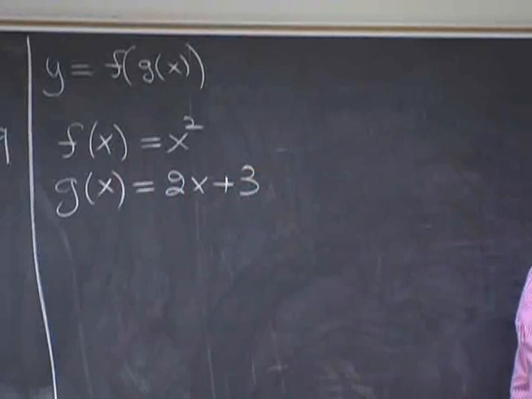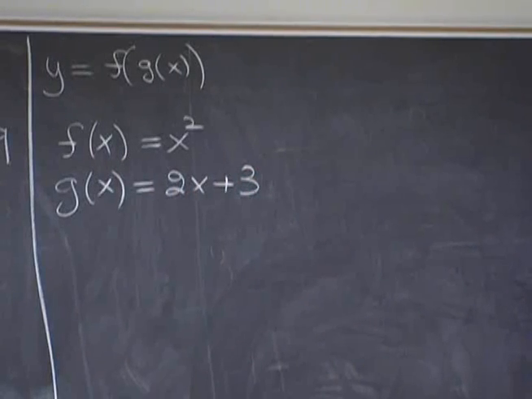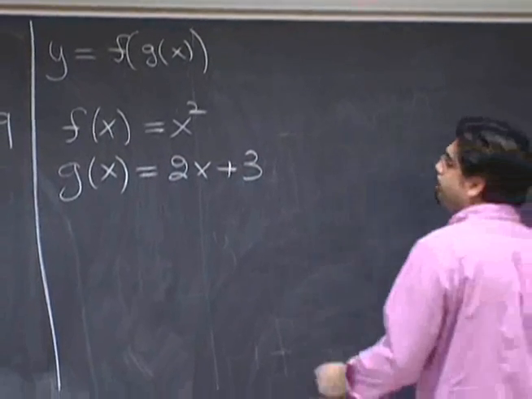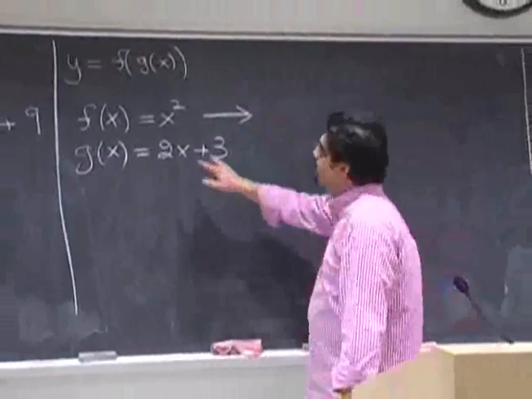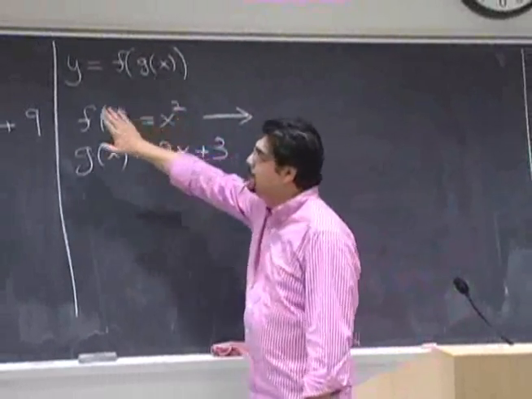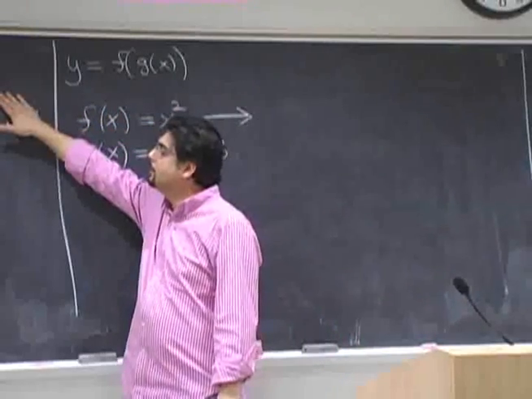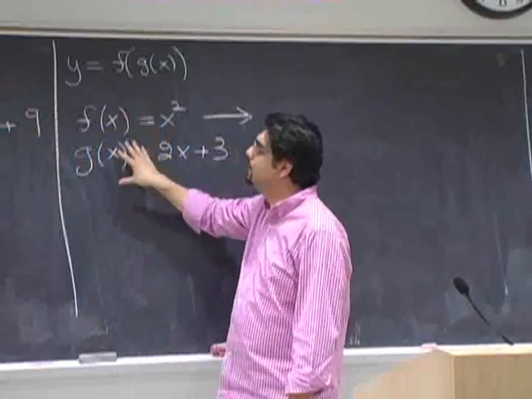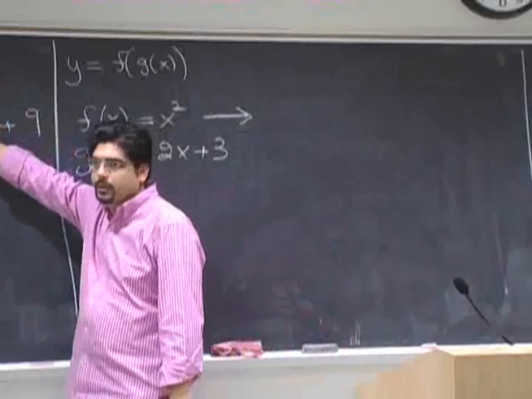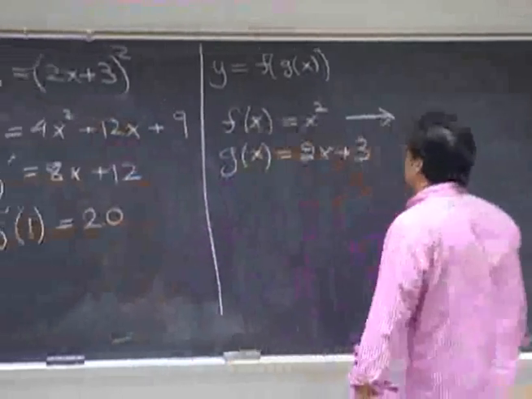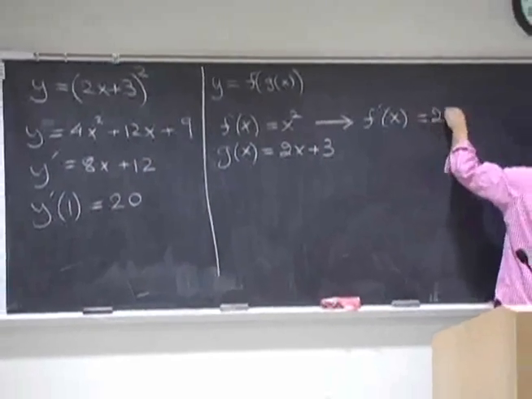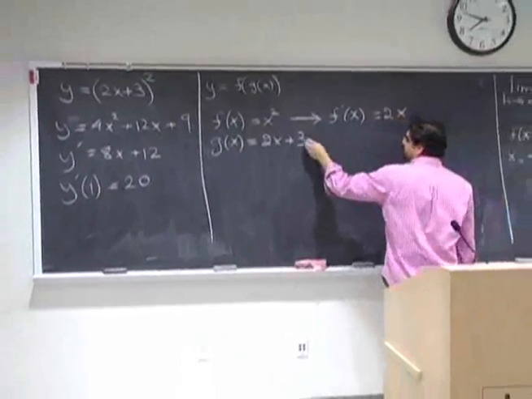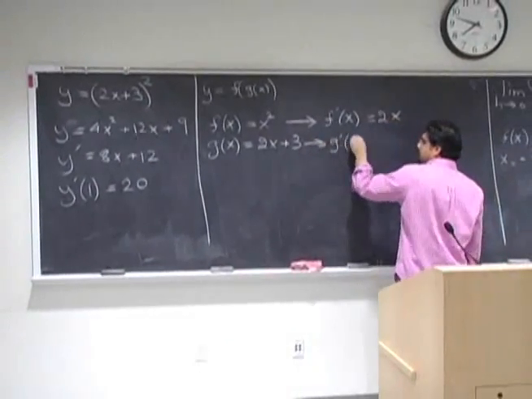Right? Does that make sense? Okay. To relate these individual functions that make the composite function, we want to relate the derivatives of those to the derivative of the original function separately. If I do the derivative of f, I get 2x. And if I do the derivative of g, I get 2.